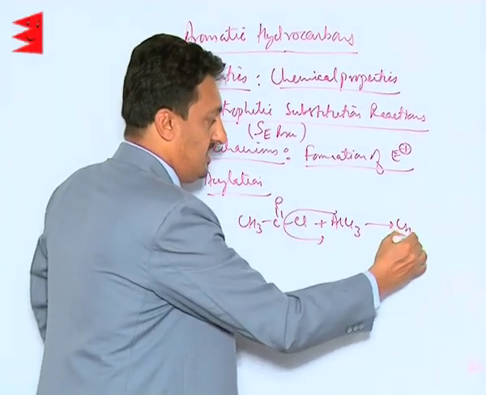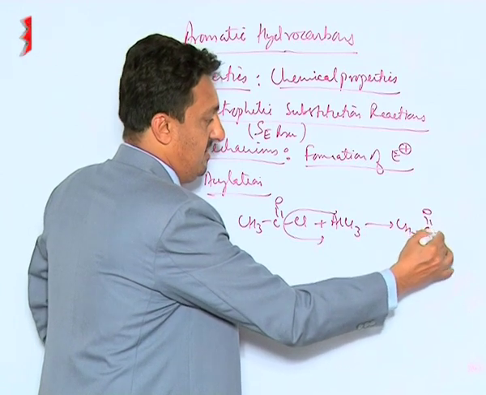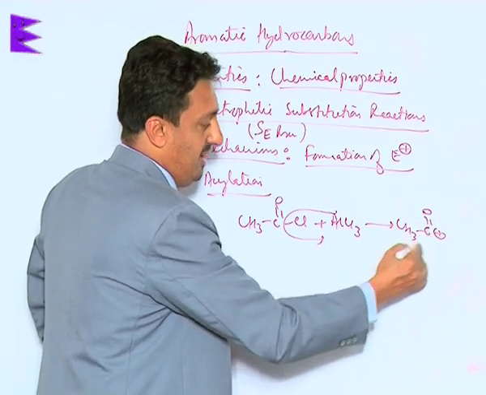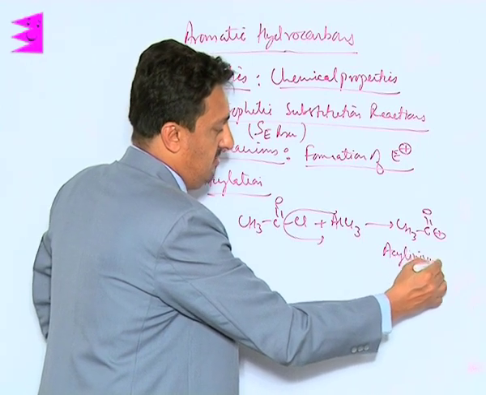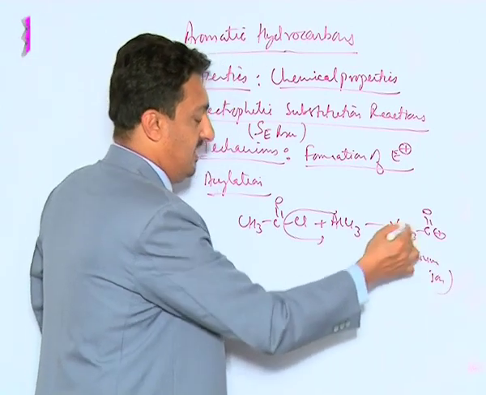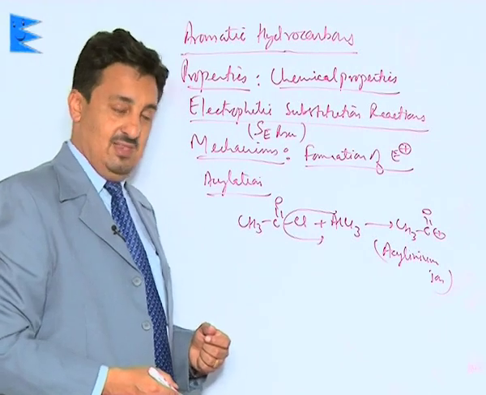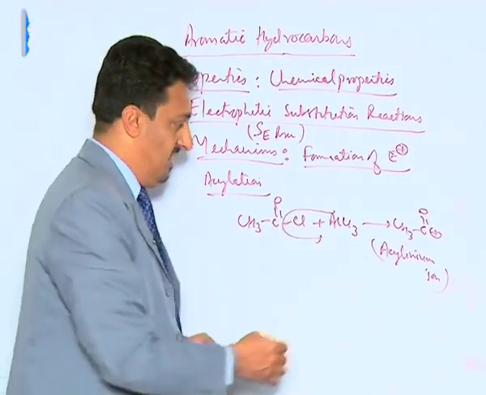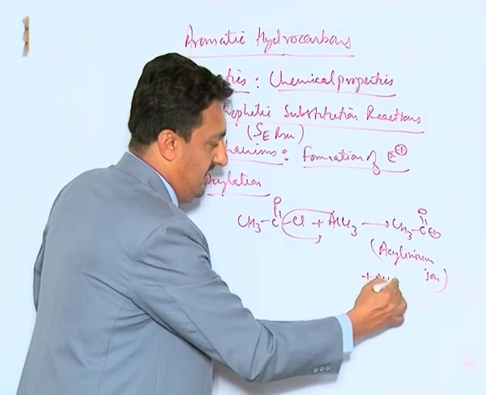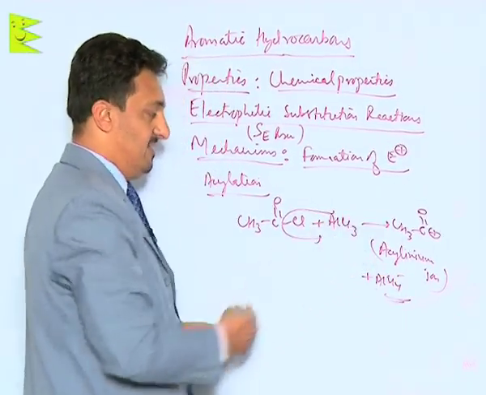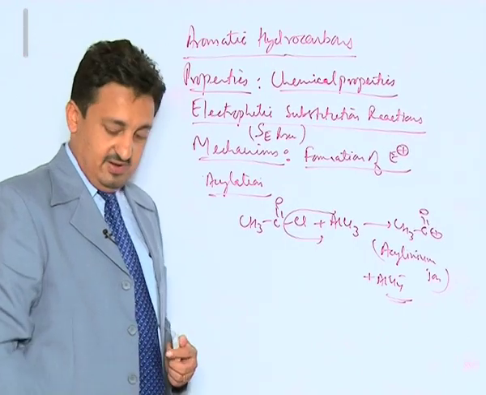So what we get is CH3C double bond O plus, which is called the acylinium ion, and in this case I can call it the acetylenium ion. It's a general name, plus AlCl4 minus. So this is how the acylinium electrophile is being generated.